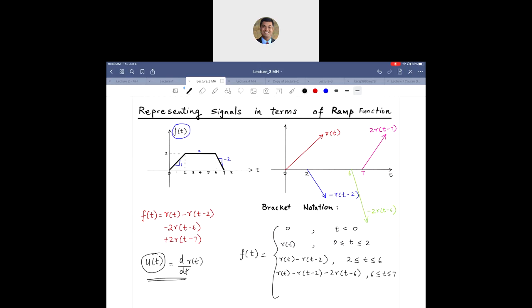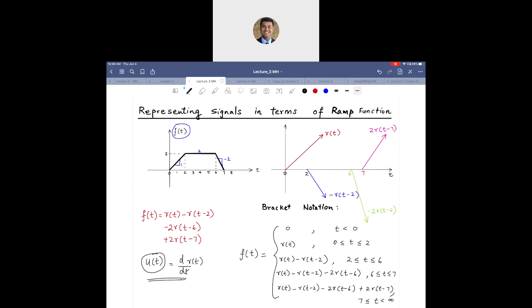Finally, I have the entire thing, R of t minus 2, 2 R of t minus 6, plus 2 R of t minus 7. That is going to be between 7 and 8. Greater than 7. So I can say infinity.